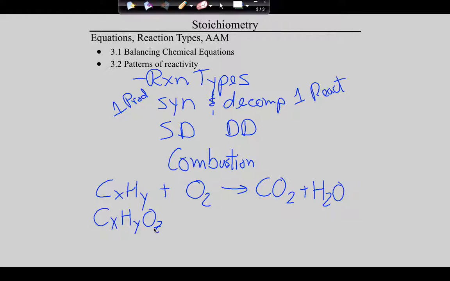When alcohols, let's just use an example. When alcohol burns, it still needs that external oxygen source in order to combust. Understand that there are other oxygen-containing compounds that can burn with the oxygen they already contain. That's why you can shoot guns underwater.